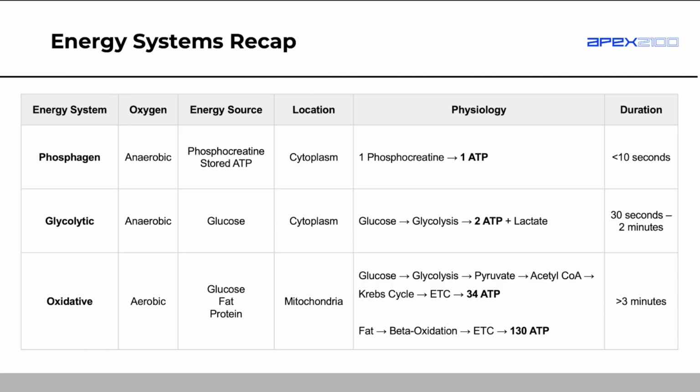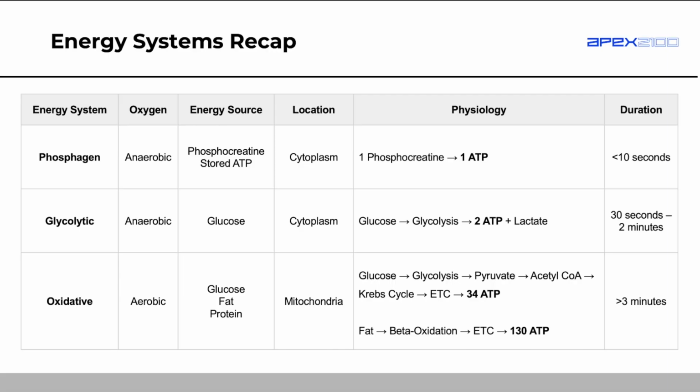For fats, we've got beta oxidation followed by the electron transport chain, which produces approximately 130 ATP molecules. And that system is predominant for low to moderate intensity activities lasting more than 3 minutes, such as long distance running or even just going for a jog or long walk.